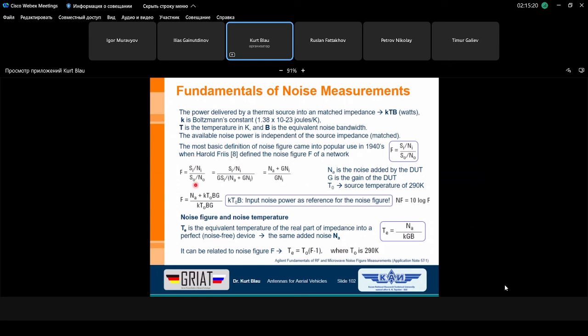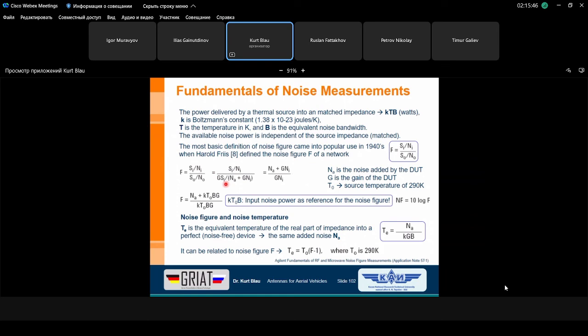You can see the same formula that I have told here. And here you can see this additional noise coming from the active elements, produced by the current flow. This G means power amplification, and it's clear: input noise power multiplied by G because of the amplification.